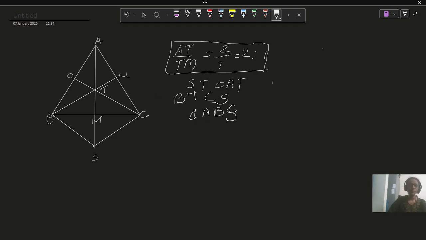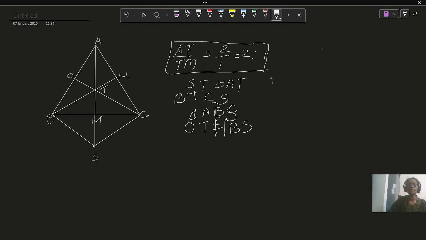So in triangle ABS, O is the midpoint of AB, we have drawn the median, and also T is the midpoint of AS. We have done the construction like that. Then if we join O with T, we are joining the midpoints of the triangle's sides. Then by the midpoint theorem, OT will be parallel to BS.